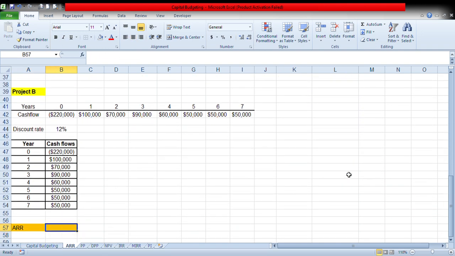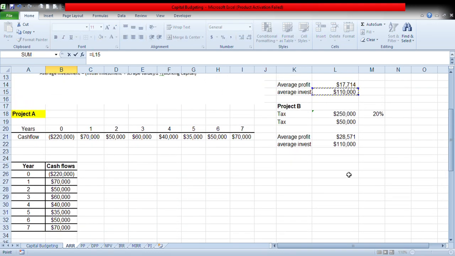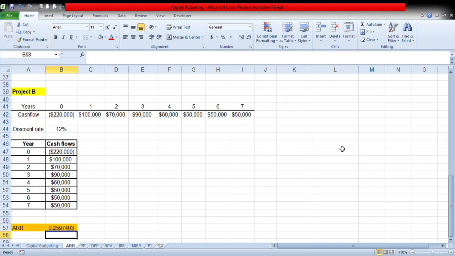What you need to do, ladies and gentlemen, in order to calculate the accounting rate of return, is divide this by this, so you will get the result in percentage, 26%. Understand?